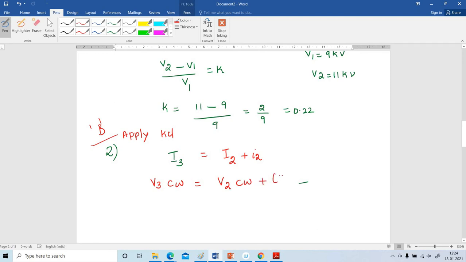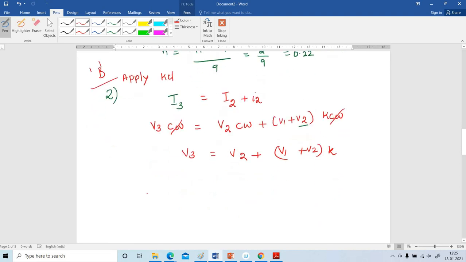Small I2 is V1 plus V2 into K into C omega. All are cancelled. So what is V3? V3 equal to V2 plus V1 plus V2 into K. And from this, I am going to find out the value V3.